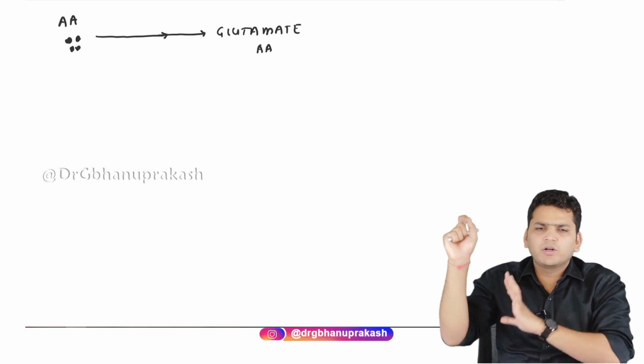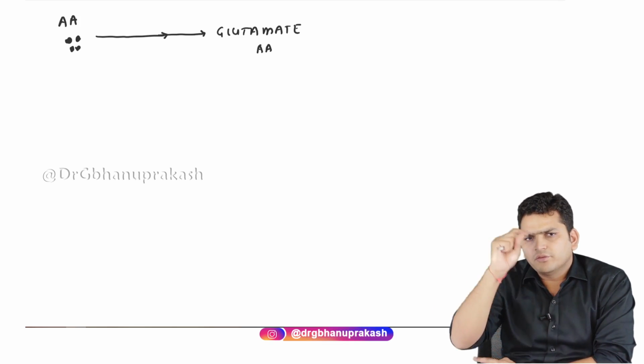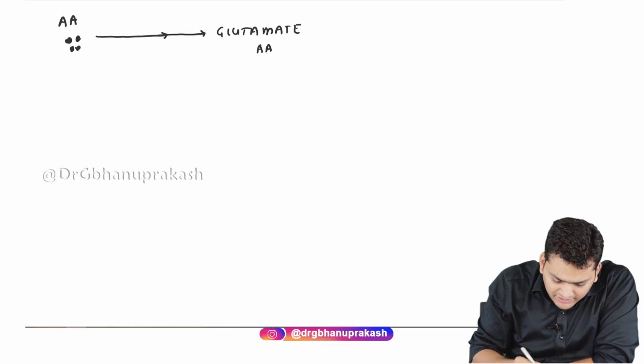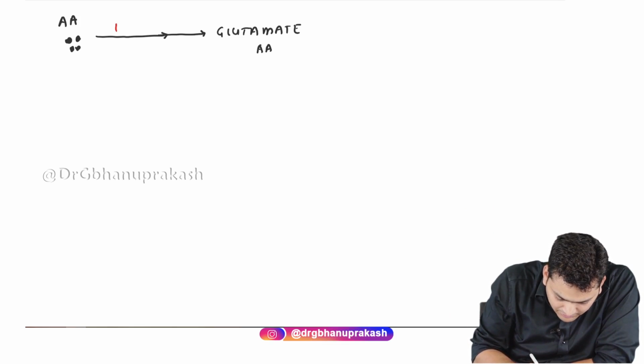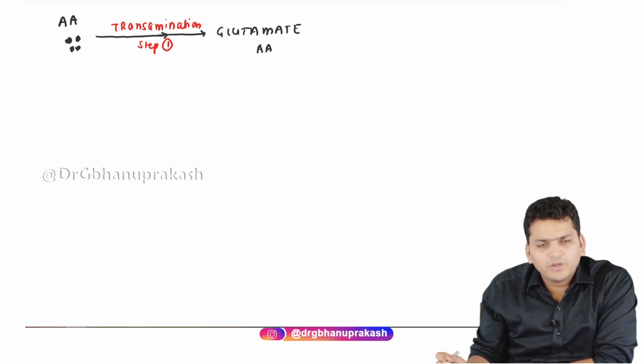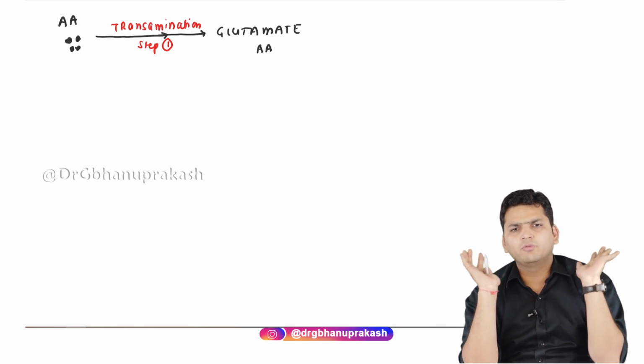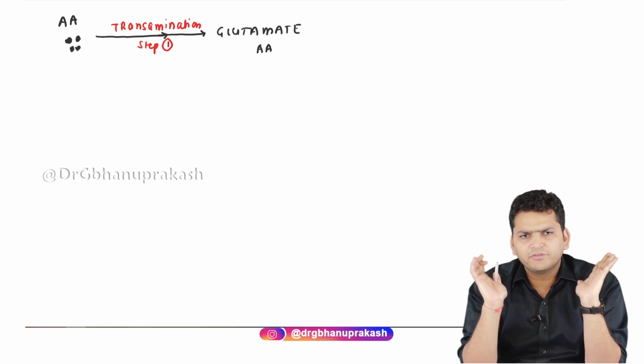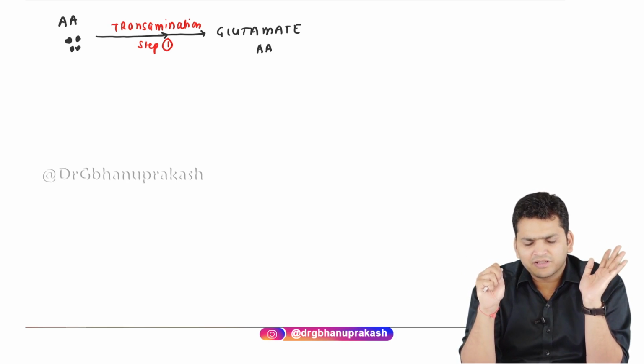Most of them we convert into glutamate, converting one amino acid into another, and this process is referred to as transamination. So step 1 in the biosynthesis of urea is converting all the amino acids into glutamate. You will understand why when we discuss step 2.